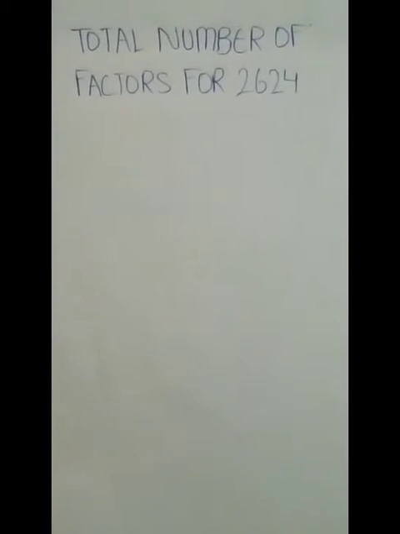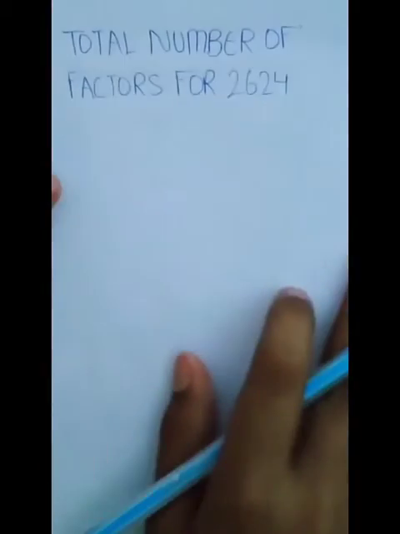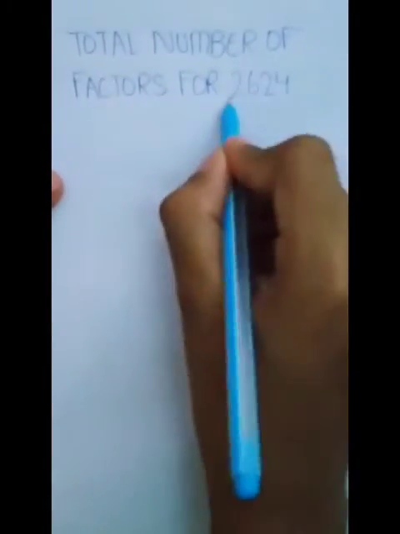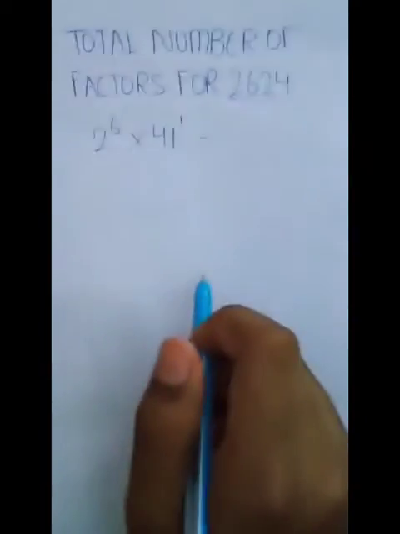Total number of factors for 2624. Now this is also easy like the old one. Prime factorization for 2624 is 2 power 6 into 41 power 1. So let's use the formula for total number of factors, that is (6 plus 1) into (1 plus 1).